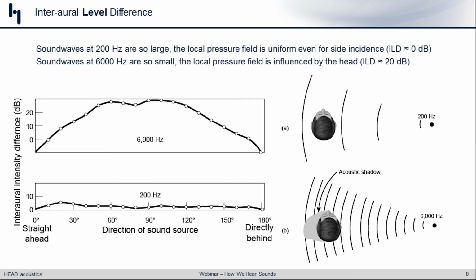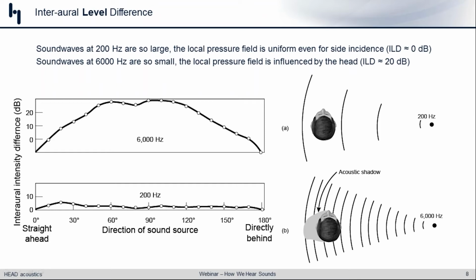At 0-degree incidence and at 180-degree incidence, we're basically seeing the same levels at both ears. And then as we traverse that space from directly in front of our heads to the right side and then around the back, you'll see that the delta between the right ear and the left ear will increase until it peaks at about 25, 30 dB and then back down again.